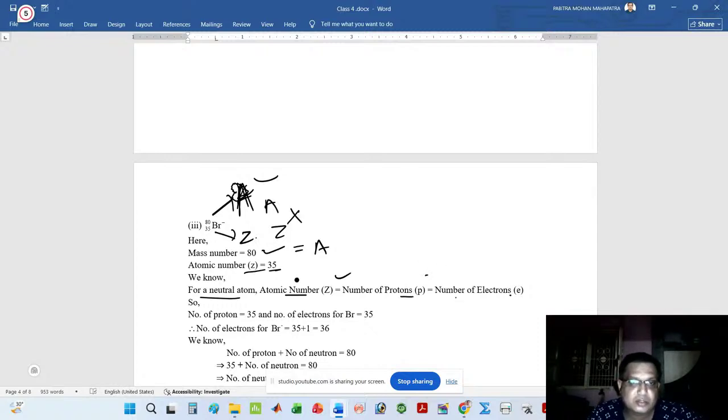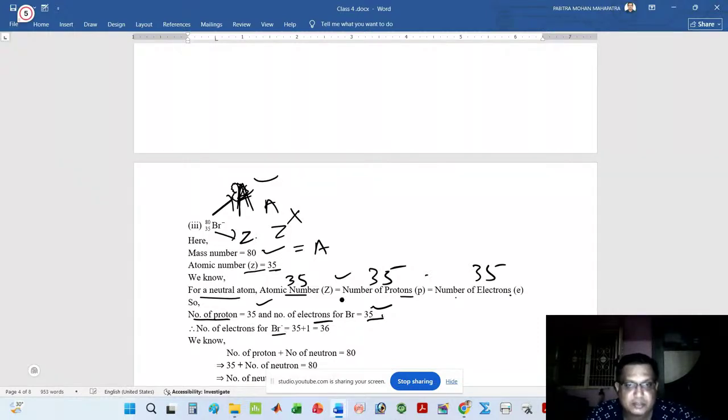Atomic number is 35, so number of proton is also 35, and number of electron is also 35. For Br, the number of electron is 35.